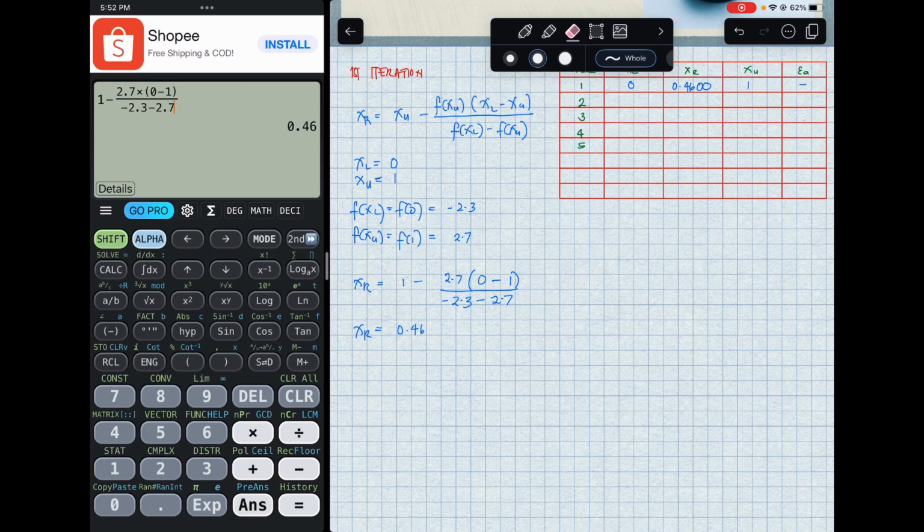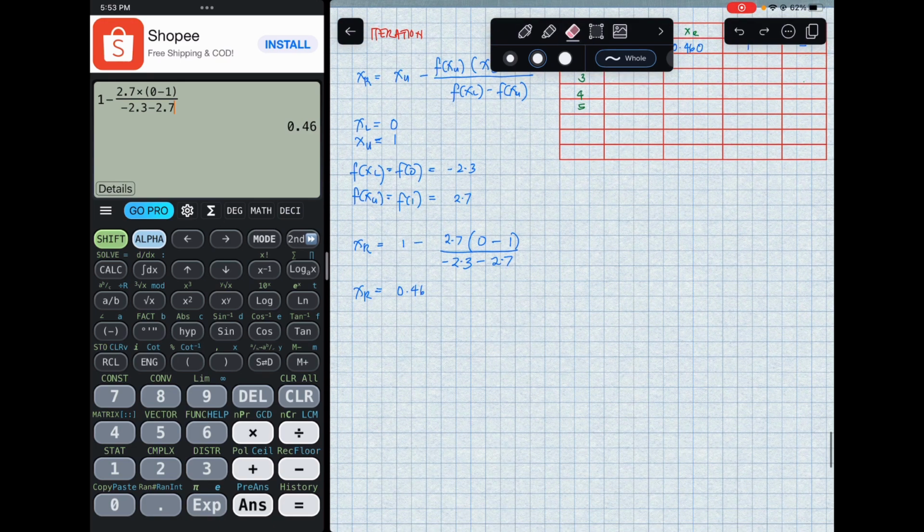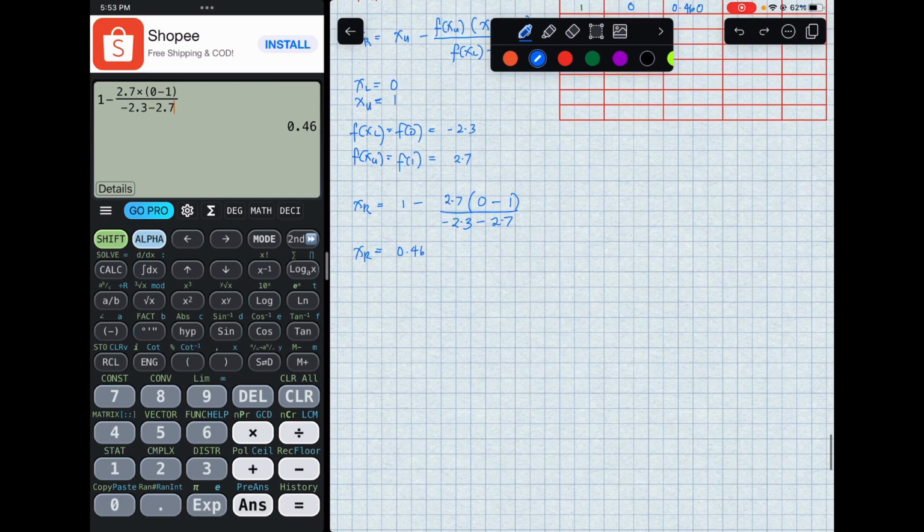Okay, so we already have our f of x sub L, which is f of 0, and that is negative 2.3. What we don't have is f of x sub r, which is f of 0.46.